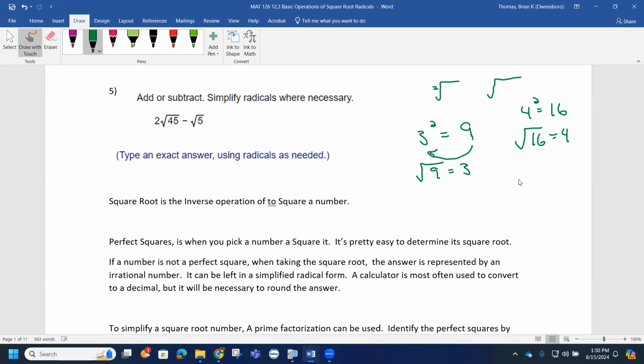So if I gave you 12 squared, we know 12 squared is 144, which means if I go the other direction, the square root of 144, since 144 is a perfect square, that's going to give me 12. So those are actually pretty easy to deal with. So one of the things we pick up on is this is a pattern.